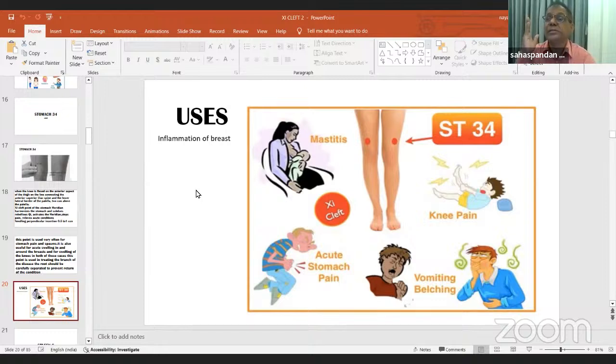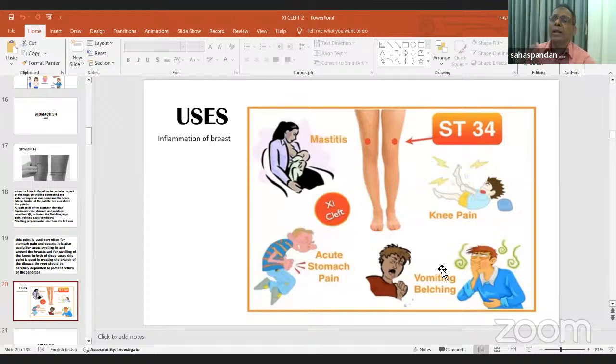It is very useful for acute stomach pain, and it is useful for vomiting and belching. Vomiting and belching are rebellious chi. Stomach chi should flow from up to down.